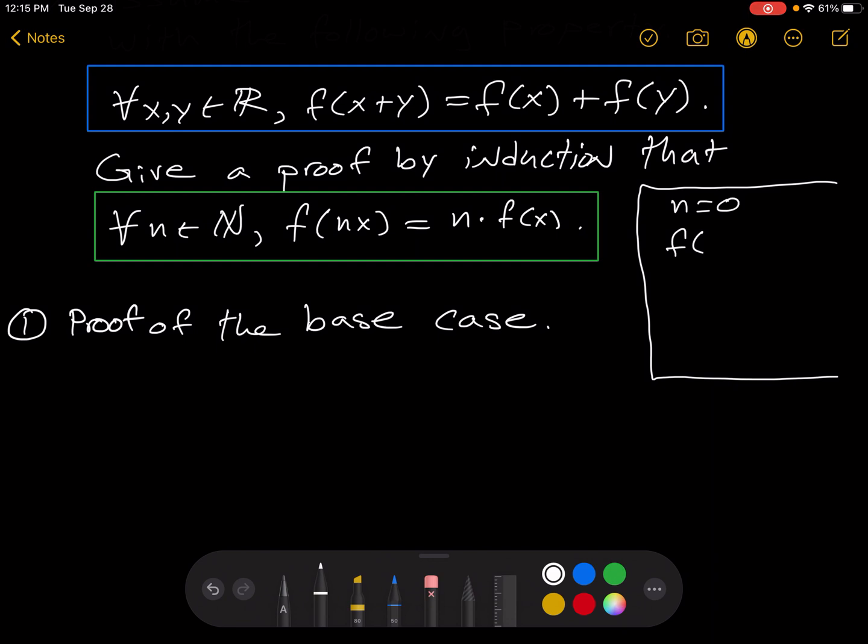So that's f of nx equals n times f of x. Well, if n is 0, this is really trying to say that f of 0 times x is equal to 0 times f of x. So that's what we're actually trying to prove, and that's the base case right there.